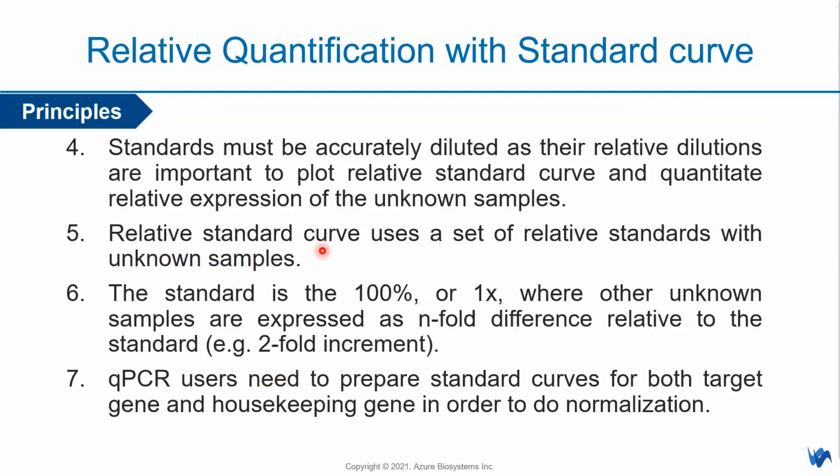Relative standard curve uses a set of relative standards with unknown samples, so you can use unknown samples to generate your standard curve. The standard will be 100% or one time, while the other unknown samples are expressed as n-fold differences relative to the standard. qPCR users need to prepare standard curves for both target gene and housekeeping gene in order to do normalization.